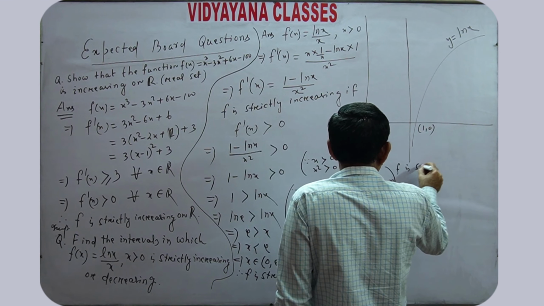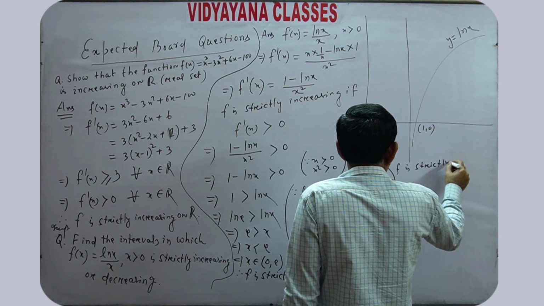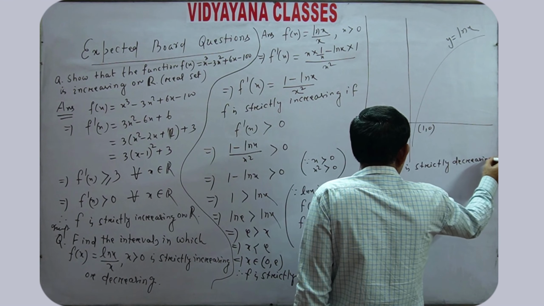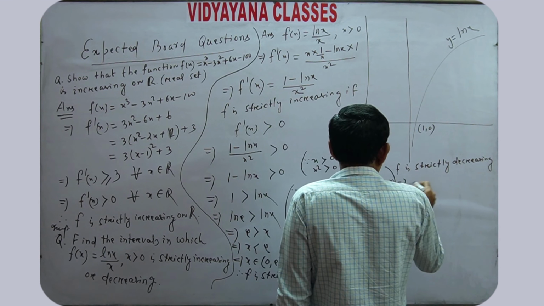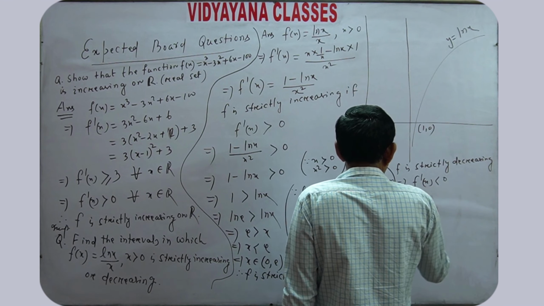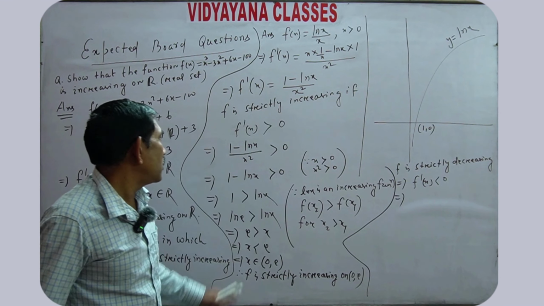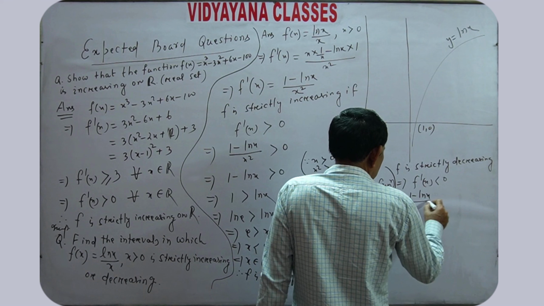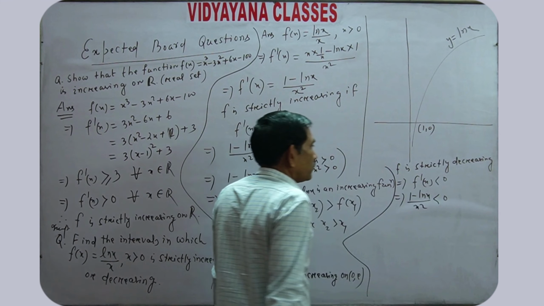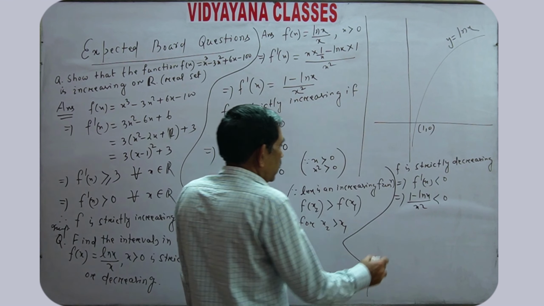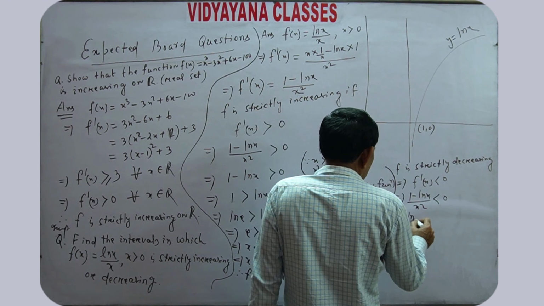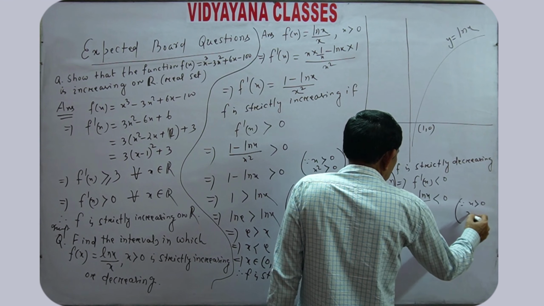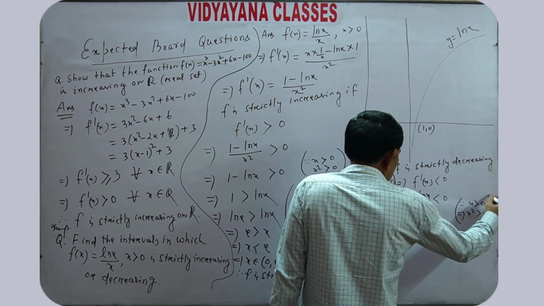f is strictly decreasing implies f'(x) < 0. What is f'(x)? (1 - ln x) / x² < 0, which implies 1 - ln x < 0, since x > 0 and x² > 0.